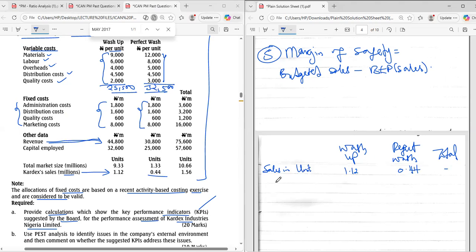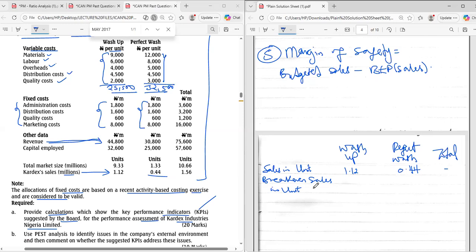What is our budgeted break-even sales? What's the formula for break-even sales in units? I'm calculating in units. I don't want to use value because that will be very stressful for us. We'd need to start calculating contribution and the likes. What's our break-even point in units?